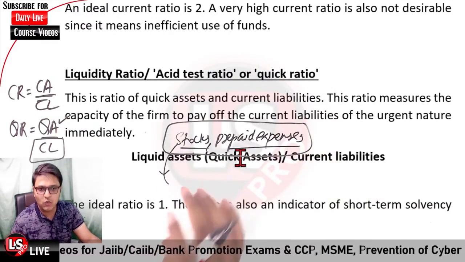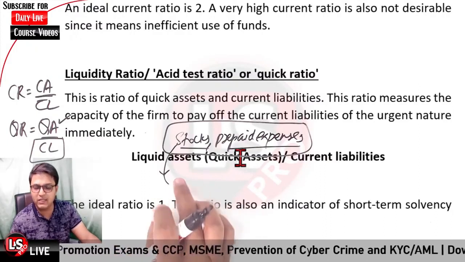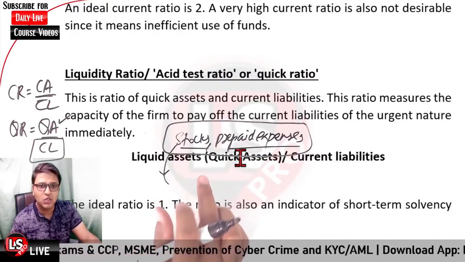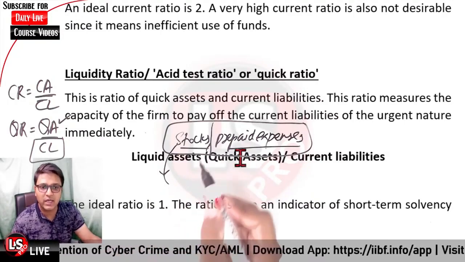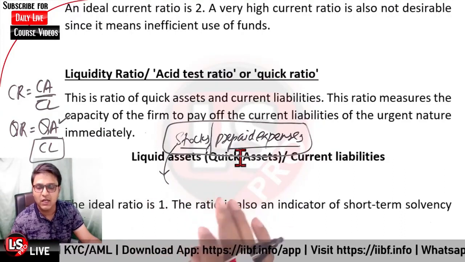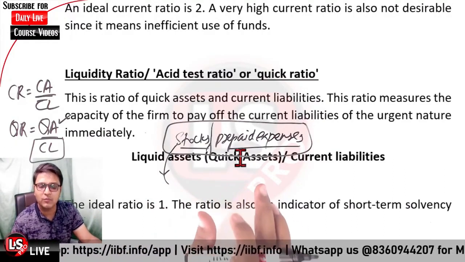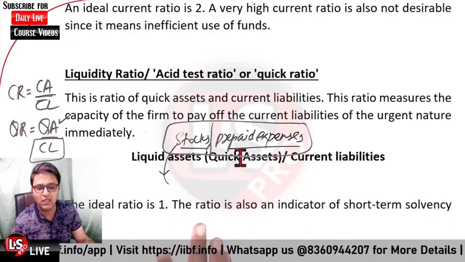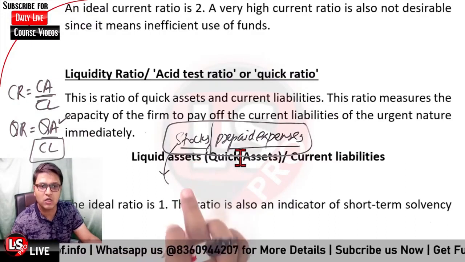It will take time to sell the stocks. So your stocks are not considered as your quick asset. So what is the definition of quick asset? Those assets which are readily convertible to liquidity, those are basically your quick assets, and stock is not your quick asset.